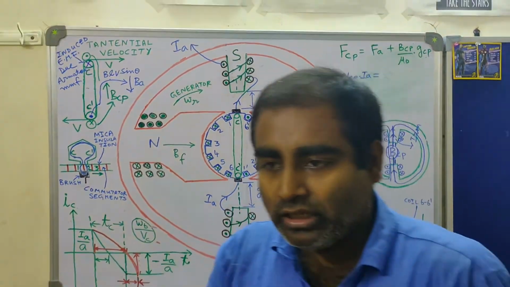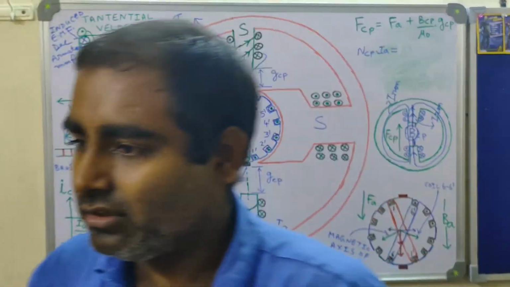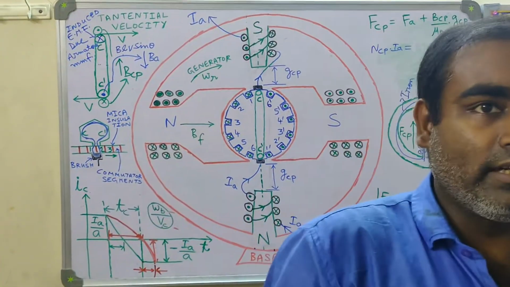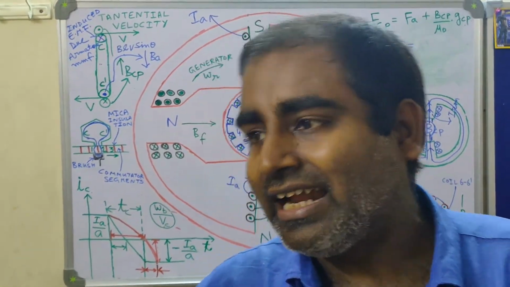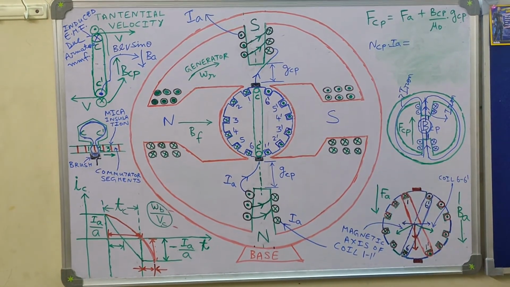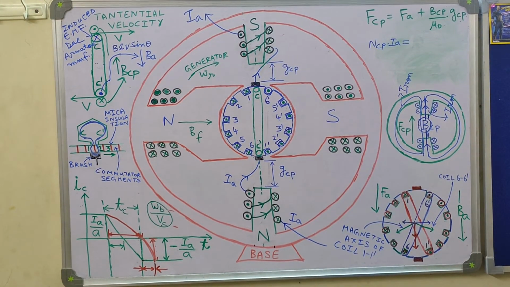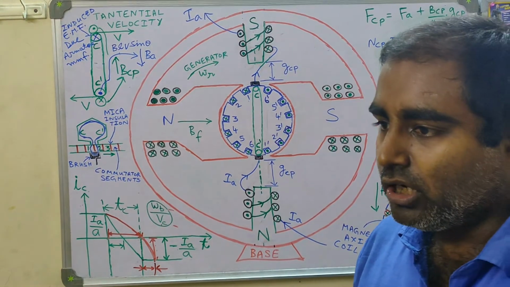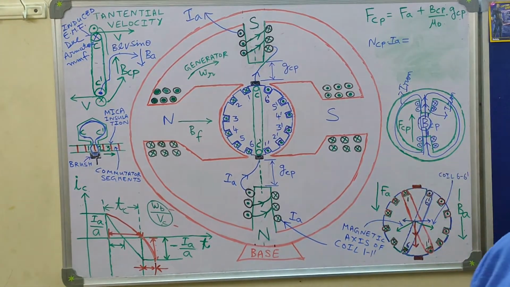Let's say the total number of armature conductors is Z. In that case the number of conductors under each pole will be Z by P. Now what is the current carried by each conductor?